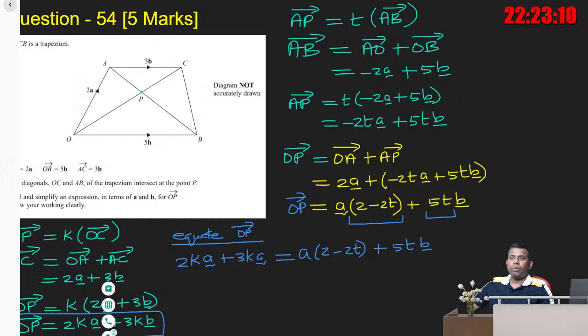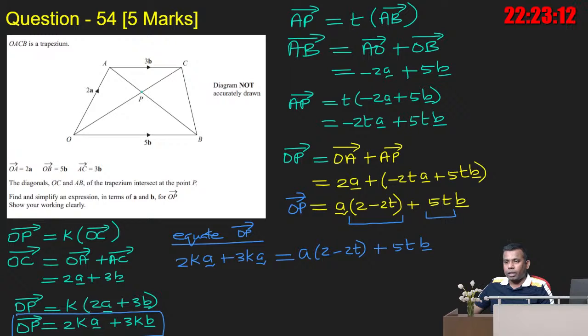Now, if you see this one, 2k and 2 minus 2t have to be equal. Sorry, I have messed it up.